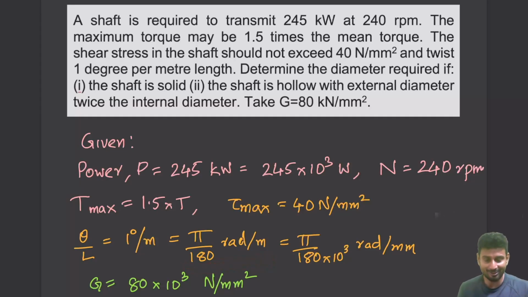I want to convert all the length units from meters to millimeters, so I'm going to multiply 10 raised to 3 in the denominator to get pi by 180 into 10 raised to 3 radians per millimeter. Also, the value of G is 8 into 10 raised to 4 Newton per millimeter square.